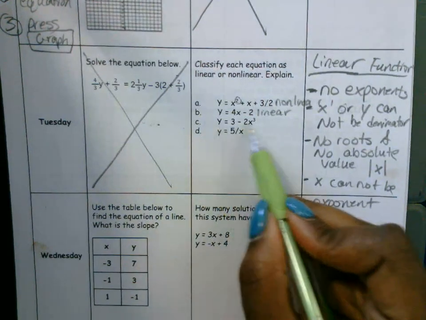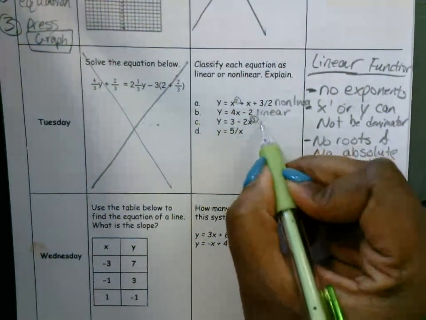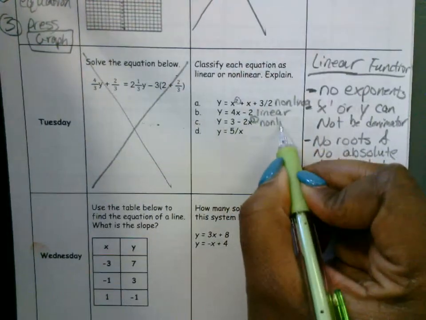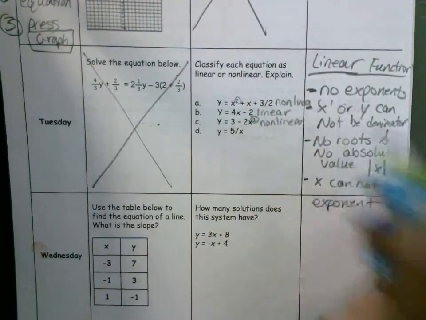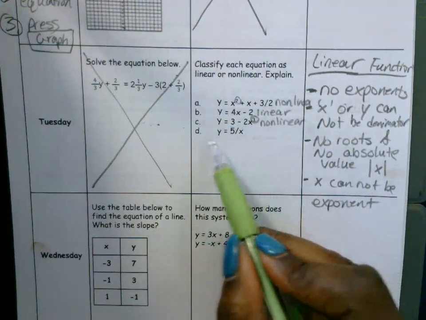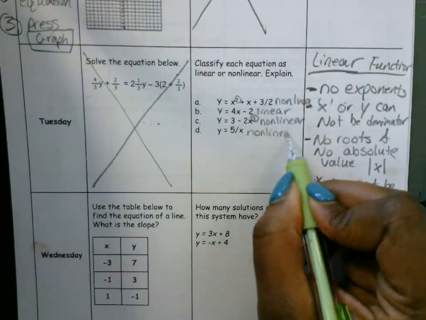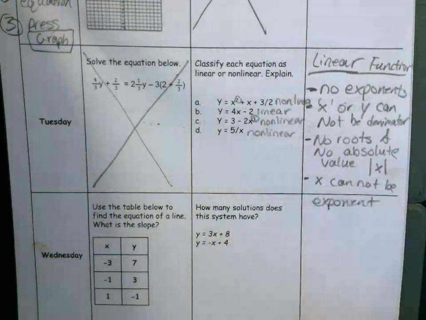The third one, linear or nonlinear? Nonlinear. Look, it has an exponent. This one's nonlinear. And the last one, linear or nonlinear? This one's nonlinear. Why is it nonlinear? X cannot be a denominator. Okay, very good.